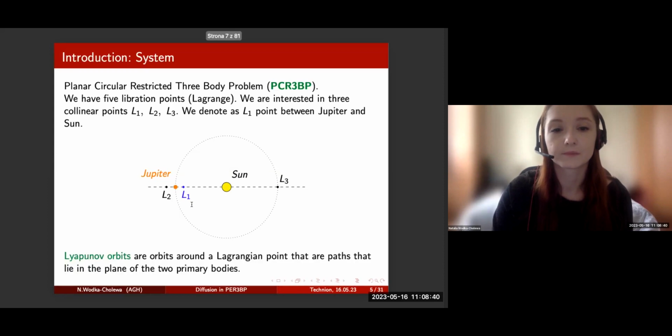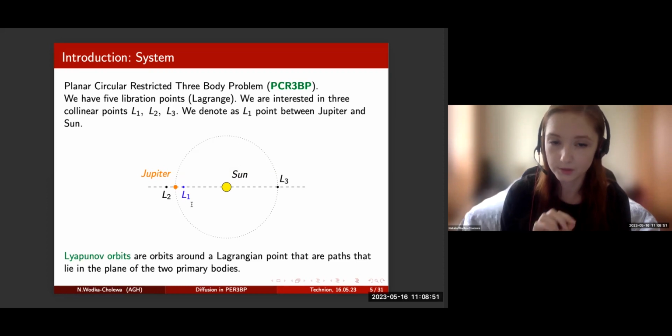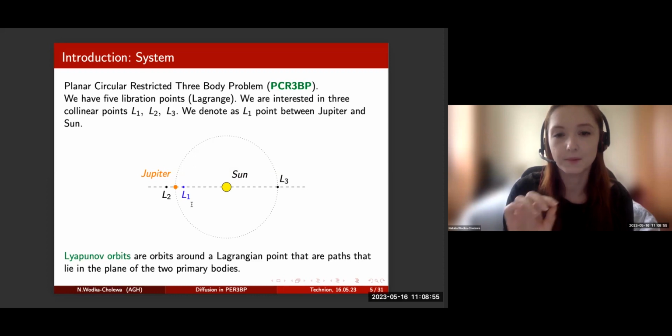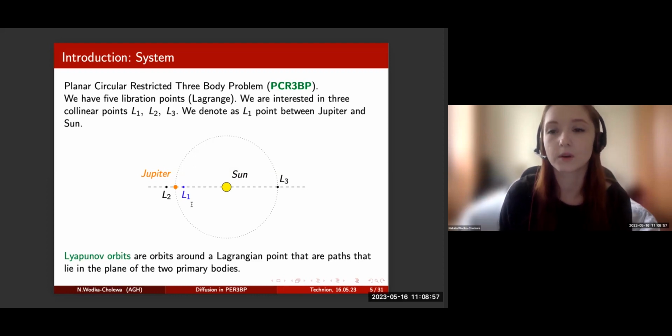And we know that around this point L1, and of course around L2, but we talk about L1, we have Lyapunov orbits. There are orbits around this point that are in the same plane as Jupiter and Sun, because we talk about the planar problem, so we have only two directions.